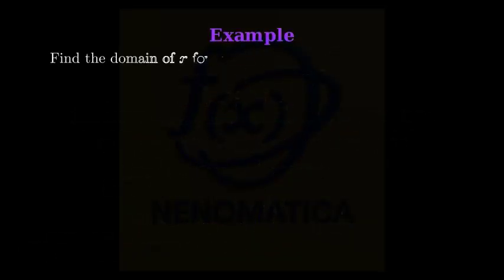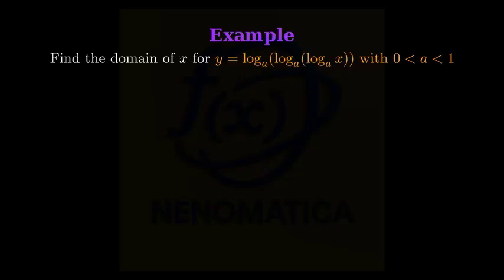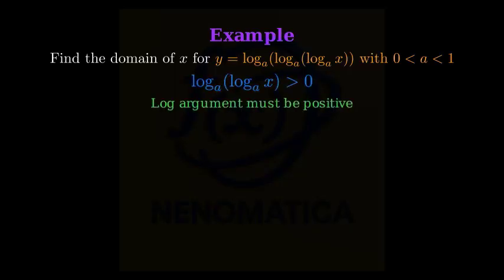Example: we will find the domain of x for the function y equals log base a of log base a of log base a of x under the condition 0 is less than a and a is less than 1. We strictly follow the steps shown in the solution. Step 1 states log base a of log base a of x is greater than 0. This ensures the argument of the outermost logarithm is positive.